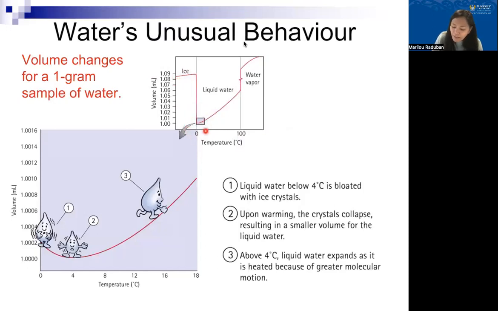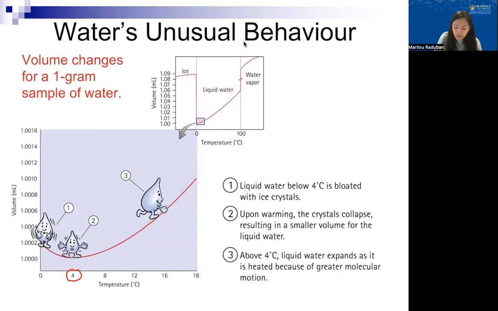If we expand this point and look at this figure, this is just the expanded part around the freezing point, from 0 degrees Celsius to around 18 degrees Celsius. We see here the usual contraction of water as the temperature decreases, but it contracts only until about 4 degrees Celsius.